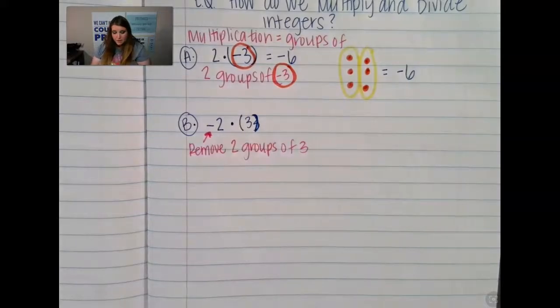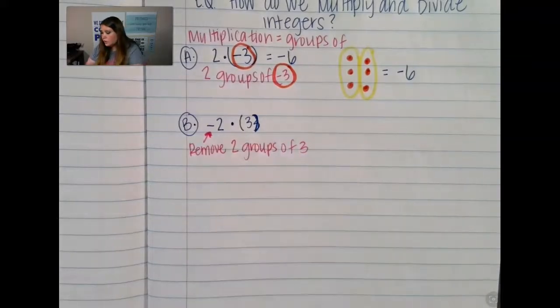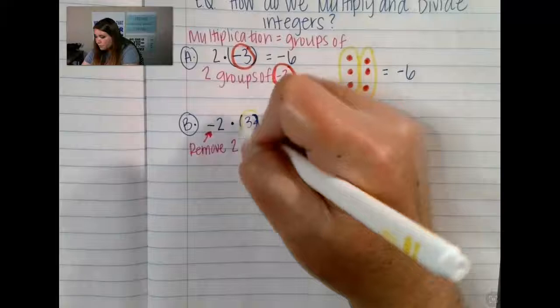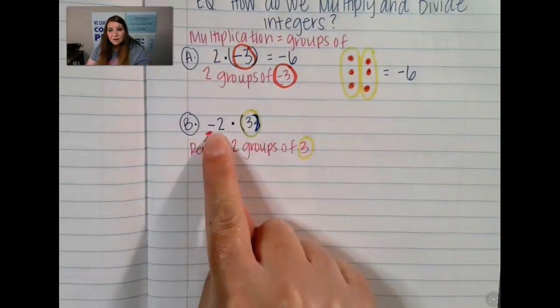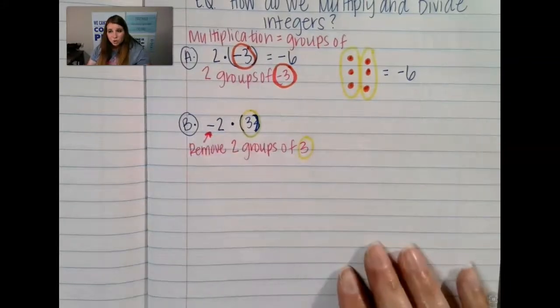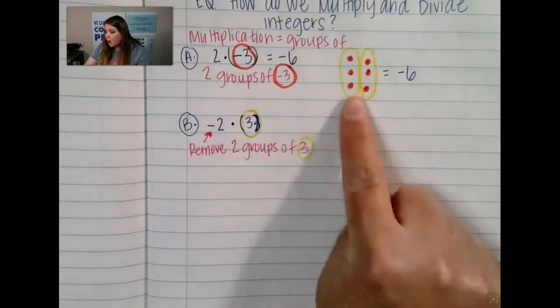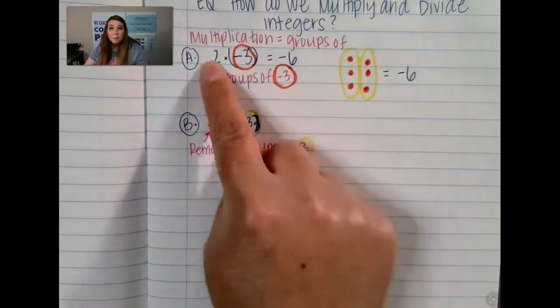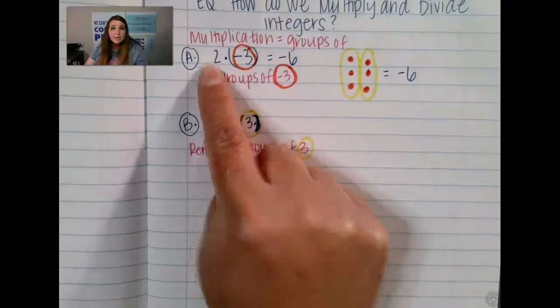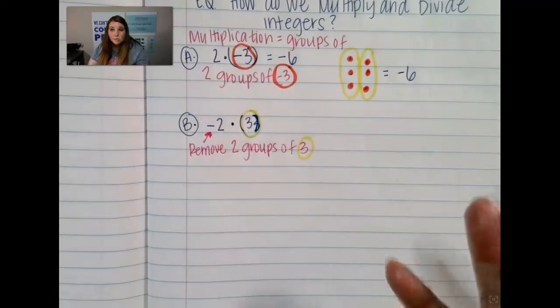If I am removing 2 groups of a positive 3, I need to first start with what is on the board. Because I have a negative here, I have nothing to remove. There's nothing on my board. Up here, I could put stuff on my board because it was a positive number. I wasn't removing anything, I was just counting what was there.